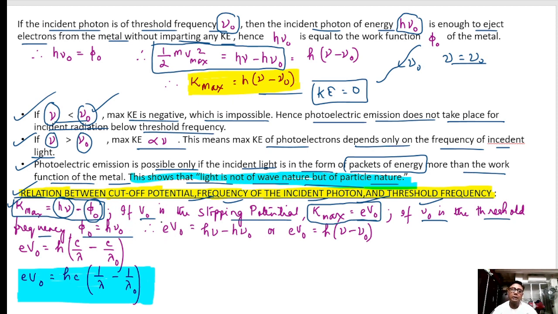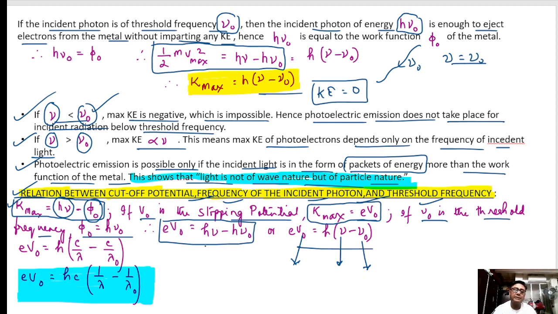So using all the formulas, we are now putting it together and we are getting this formula for the relation between the cutoff potential and frequency. This is the cutoff potential, this is the incident frequency, this is the threshold frequency.